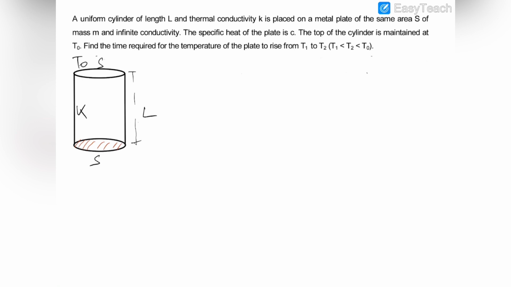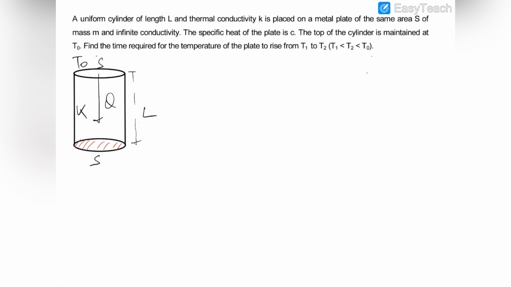The specific heat of that plate is C. You can see this plate, which is represented by this red shaded region, and the top of the cylinder is maintained at a temperature of T0, which is the highest temperature, and the bottom plate is at a temperature of T1 initially, and T1 is obviously less than T0. So you can see that heat will flow like that, and therefore we have to find the time required to raise the temperature of this plate from T1 to T2.